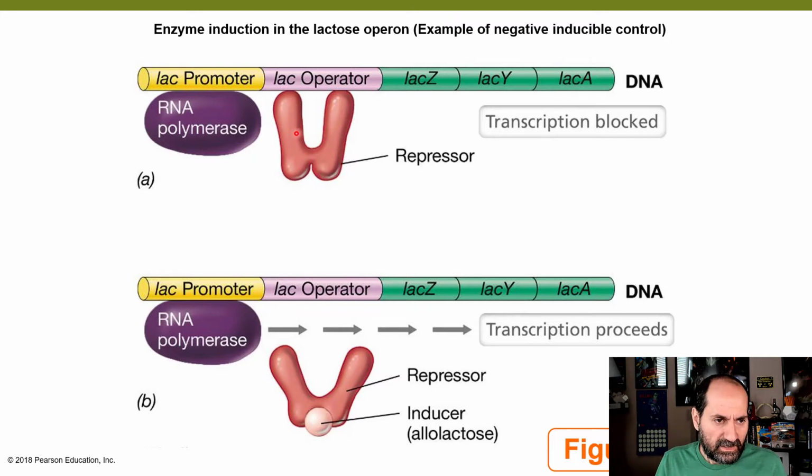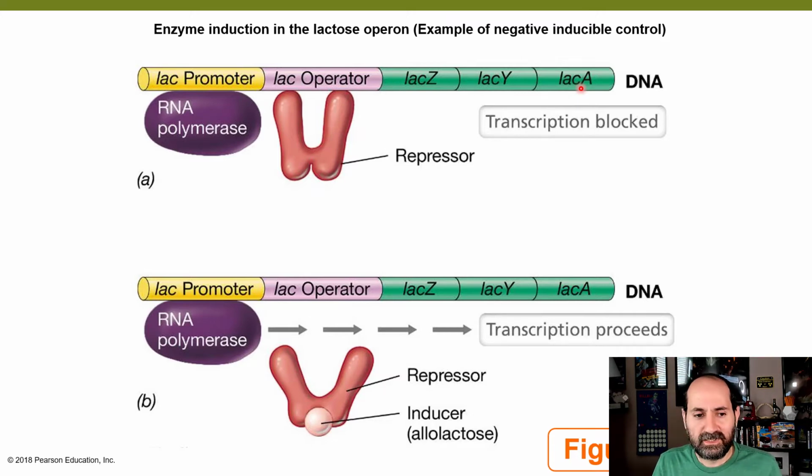So here's a system where the repressor binds downstream of the promoter to the Lac operator, and that prevents RNA polymerase from transcribing this Operon. And what is this Operon? This is called the Lac Operon. Lac for lactose. Lac-Z, Lac-Y, and Lac-A are genes required for proper breakdown of lactose.